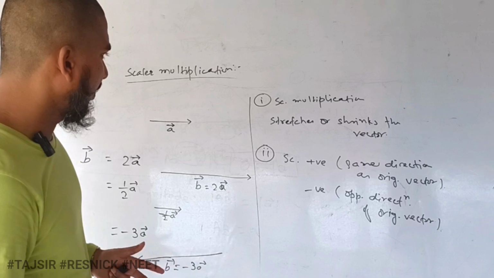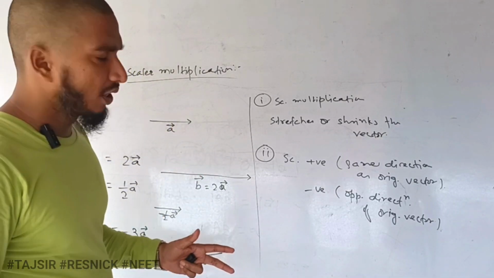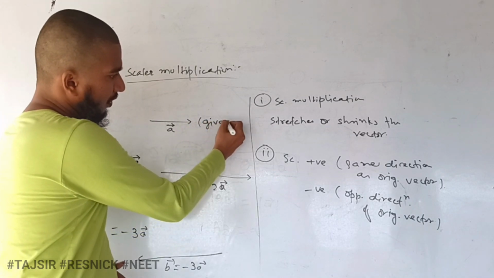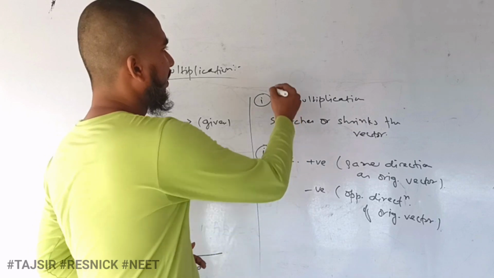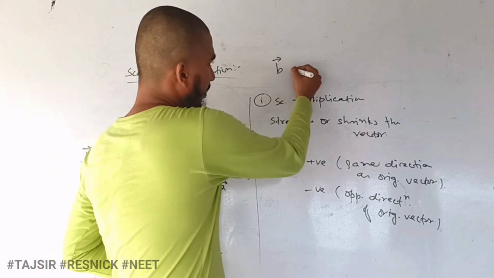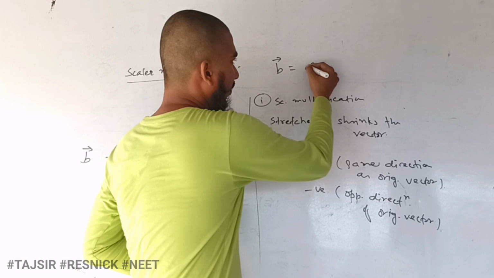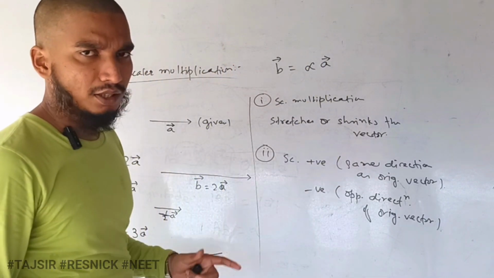In general, we can write scalar multiplication as follows: if we have a vector A, our given vector, then we can write another vector, say B, equals some constant alpha times A, and this alpha is our scalar.